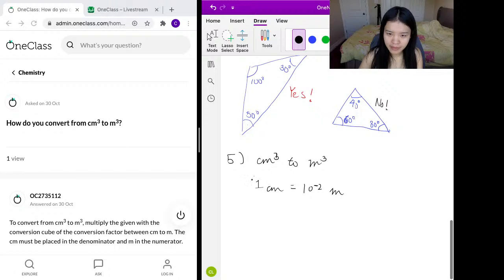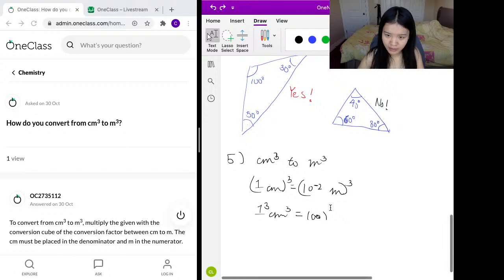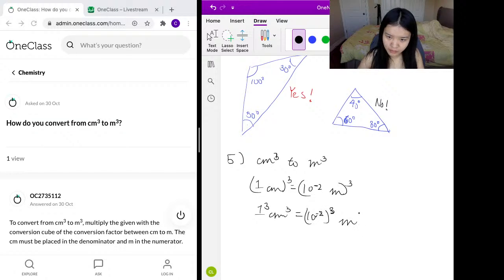So in order to find the centimeters cubed, we just cube both sides. And we know that 1 centimeter cubed is equal to 10 to the power of -2, which means 1/100 cubed meters cubed.